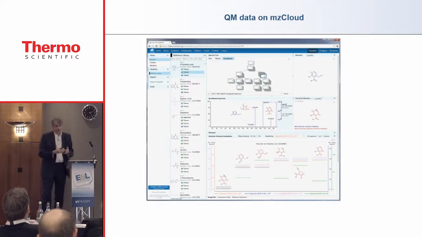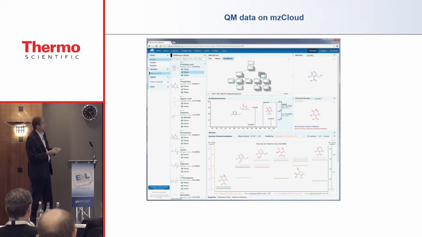We moved this story a little bit further. As I mentioned to you, we also do quantum chemical predictions. We take chemical structures and we try to calculate the fragment stability, to get really high quality information about our fragments.